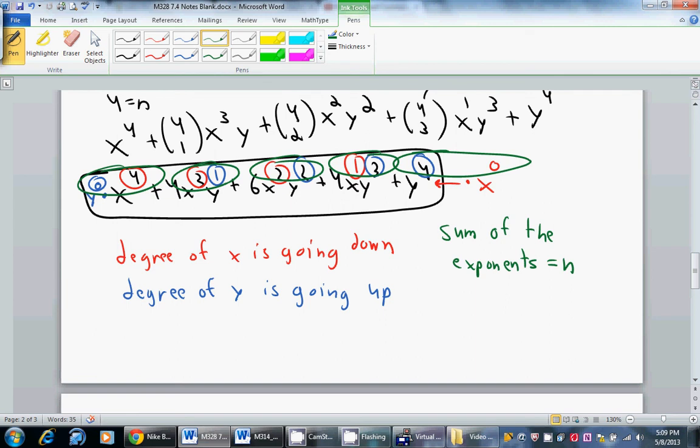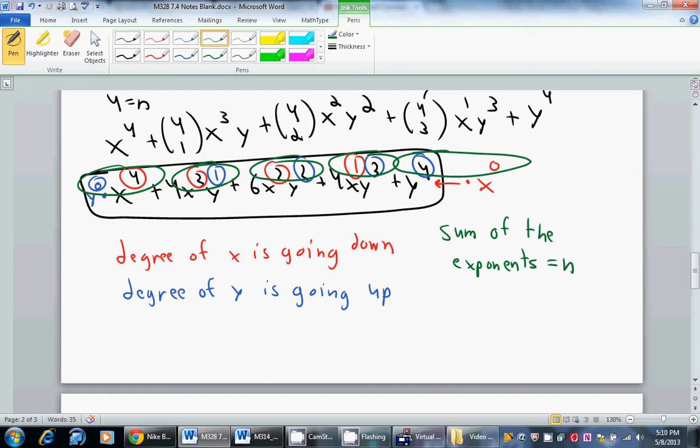Now, this can change depending on what you have inside your binomial, and you'll see some examples of this on your homework. If my binomial was x to the fifth plus y to the fourth, then obviously they wouldn't add up to n, because you'd be taking x to the fifth to the fourth power, then to the third power. But when it's just x and y, your exponents are going to add up to n.